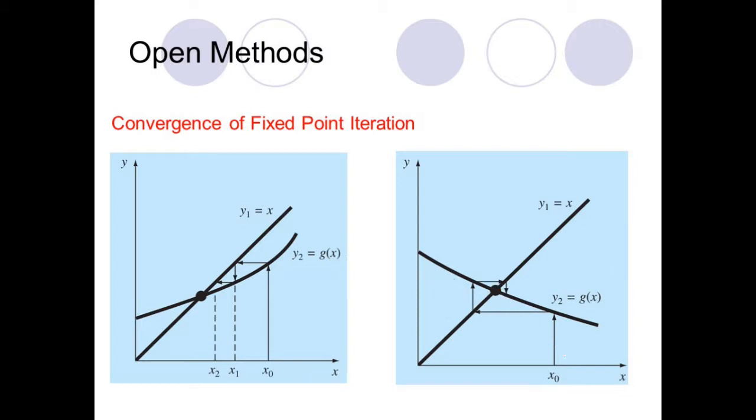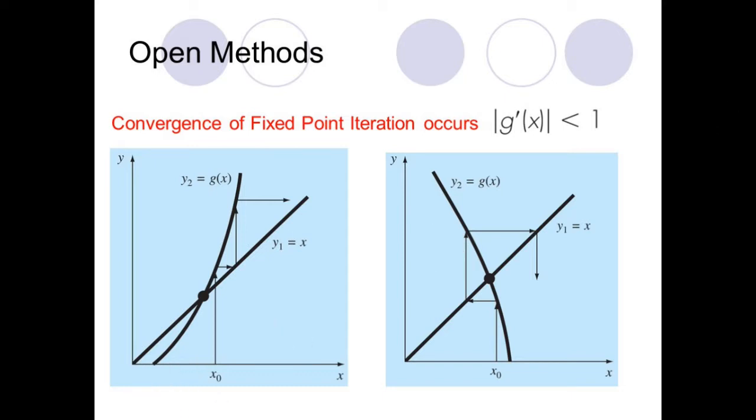Now let's look at the algorithm for fixed point iteration. So the first thing that we do is we create a root. Of course, initially our initial guess is the root xr. Then we have a dummy variable iteration, iter.